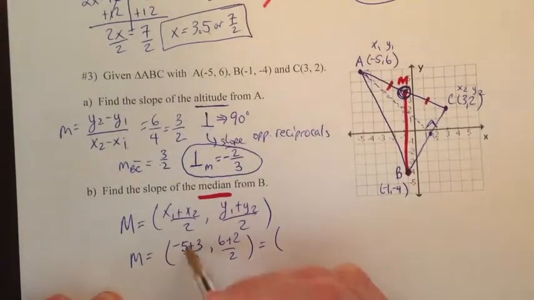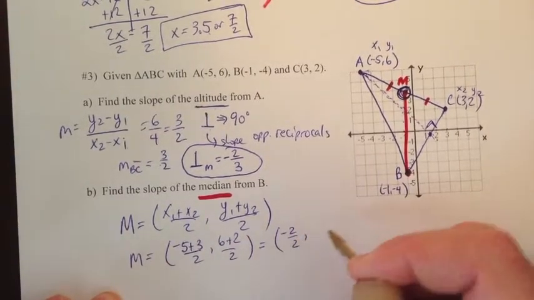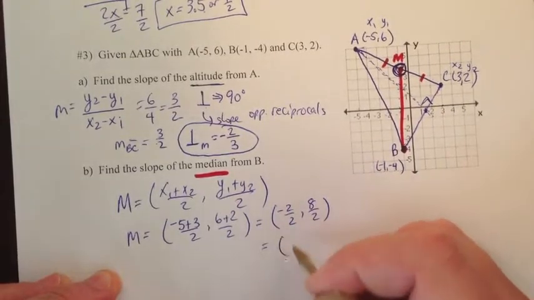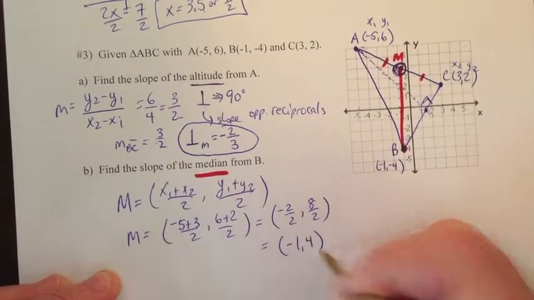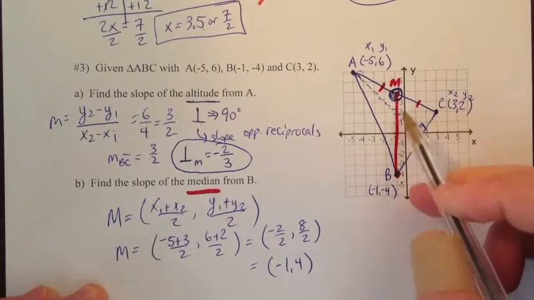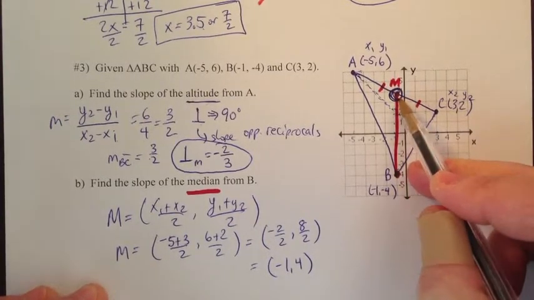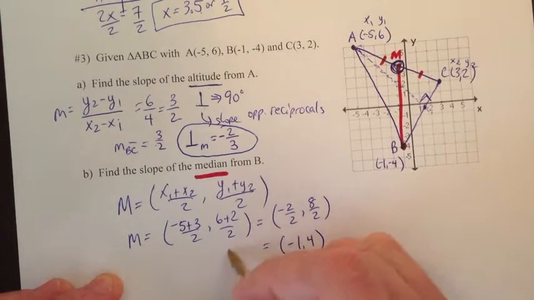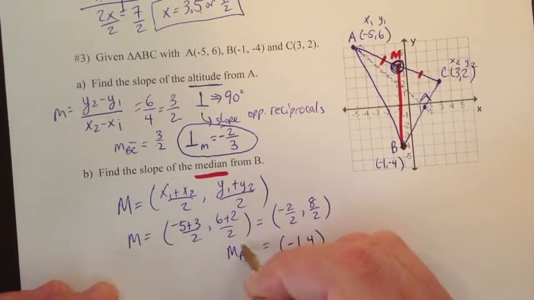Negative 5 plus 3 is negative 2 over 2, comma, 8 over 2. And that reduces to negative 1, comma, 4. Wow, okay, my picture was actually pretty good. I approximated this nicely. Now we're not done. This is the midpoint of AC.